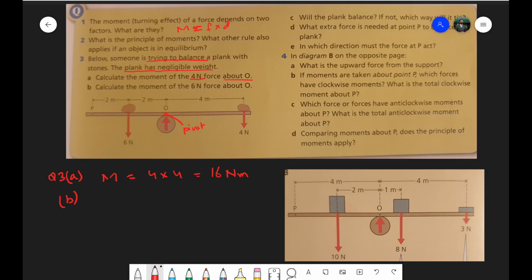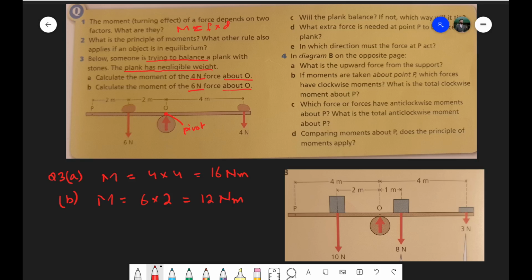Now part B says calculate the moment of 6 Newton force about point O. Well, again 6 Newton force is there, and it's 2 meters away from the pivot, so you just have to multiply it by 2 and you will get 12 Newton meters.